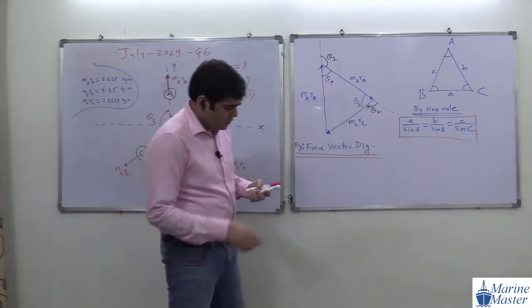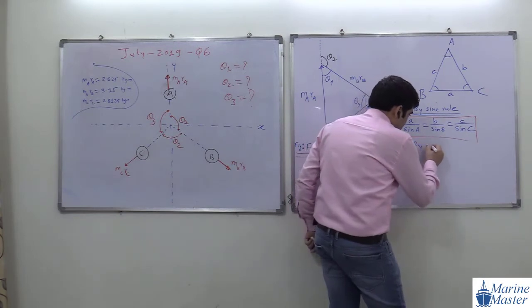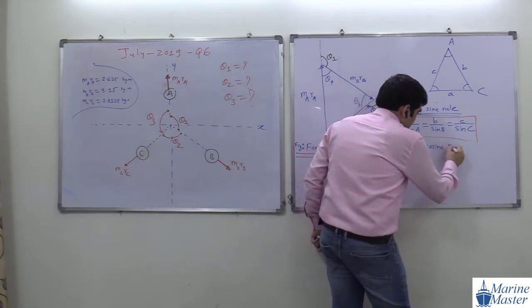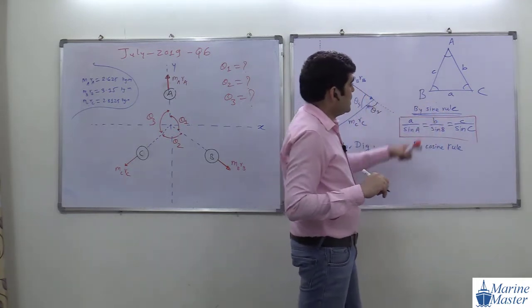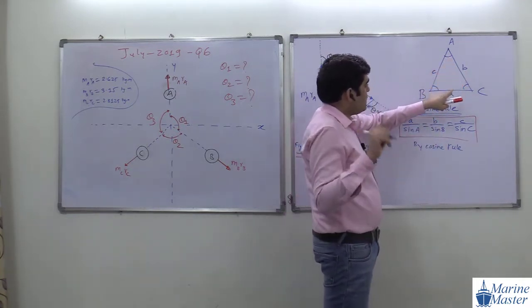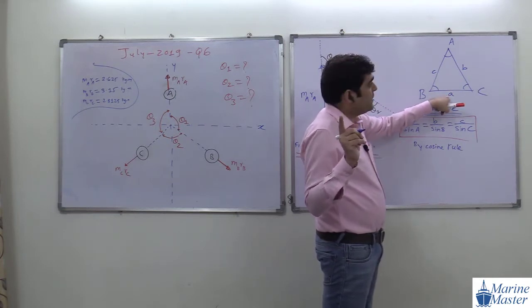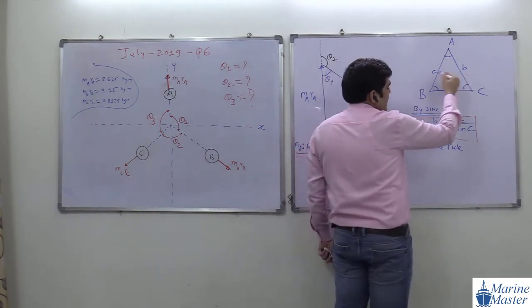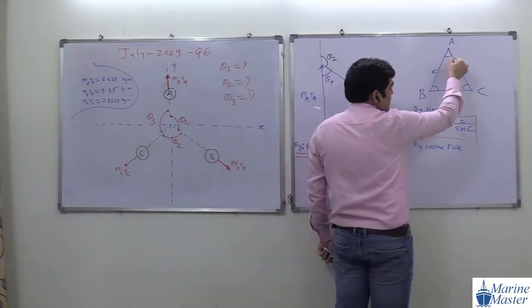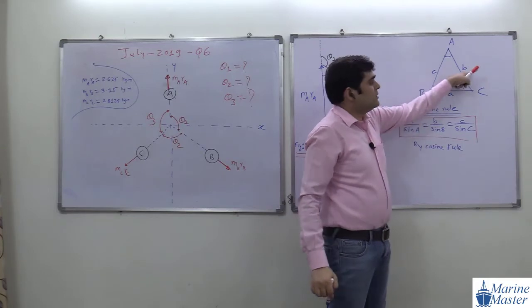Now what is the cosine rule here? What is the cosine rule saying? When to use the cosine rule? If we want to find this side A, what is our target? If we have sides B and C and the angle between them, what is the angle between B and C?